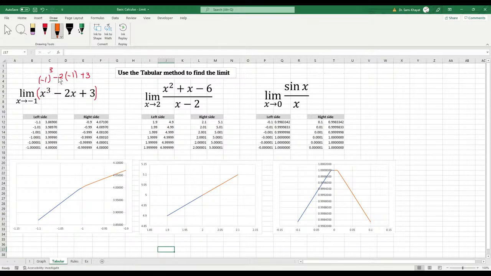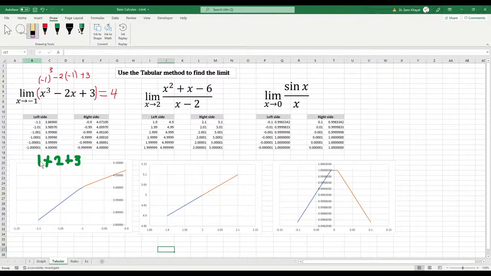Let's get another color. This is -1, plus, because -2 times -1 will be +2, plus 3. It's 5 minus 1, which is 4. The answer of this one is equal to 4.